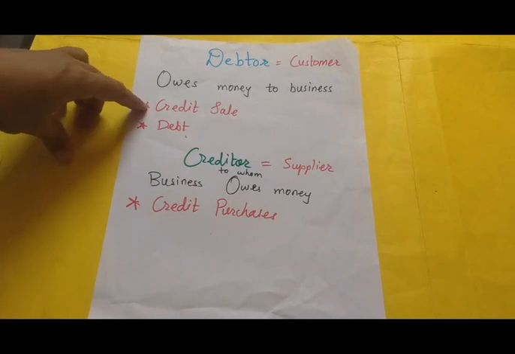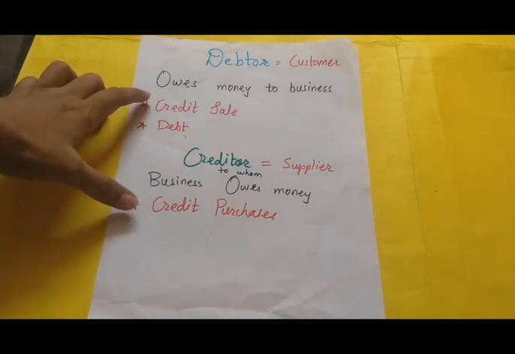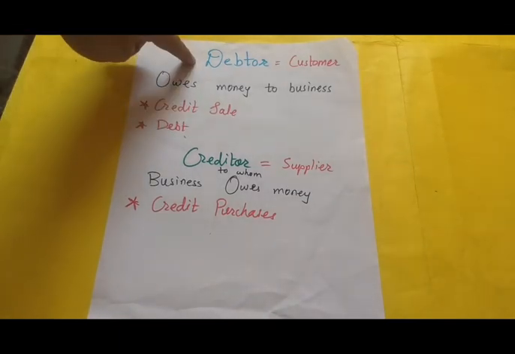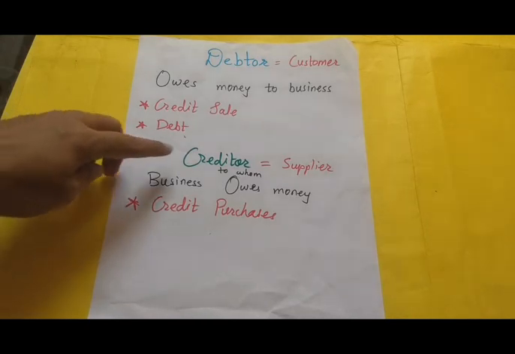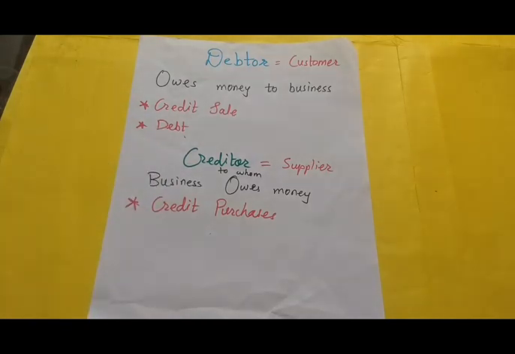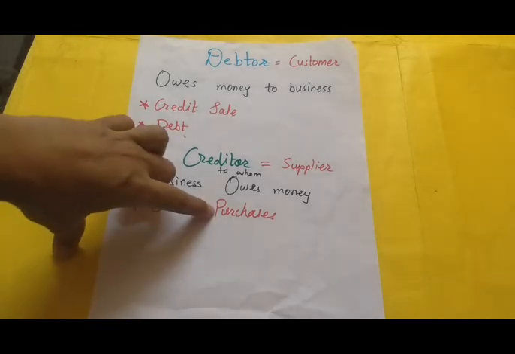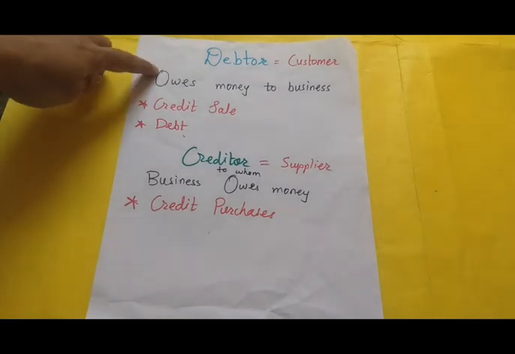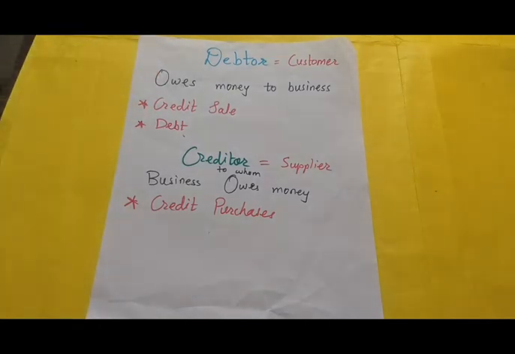Only in a credit transaction, depending on credit sales or purchases, your debtor and creditor will change. If it is a credit sale, then debtor. If it is a credit purchase, then creditor. So these two terms are exactly opposite to each other, just as purchases and sales are opposite to each other. So a debtor is a customer and a creditor is a supplier.